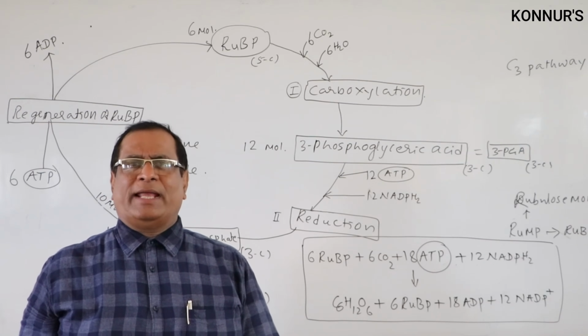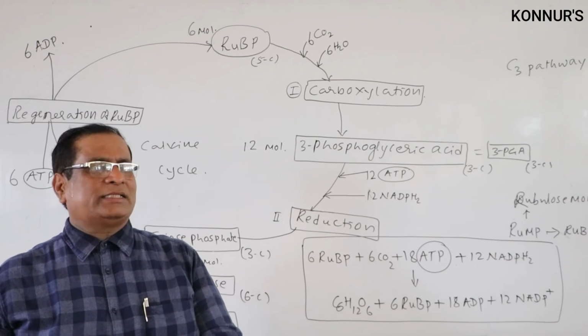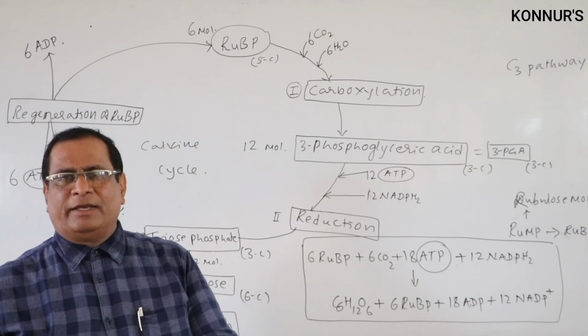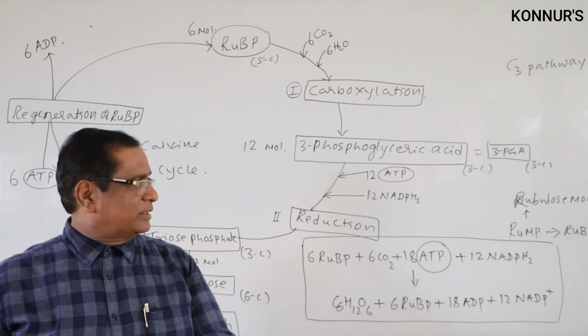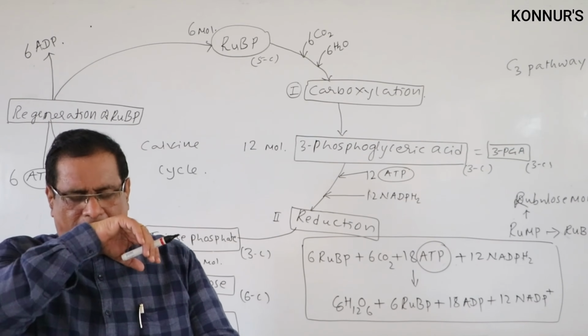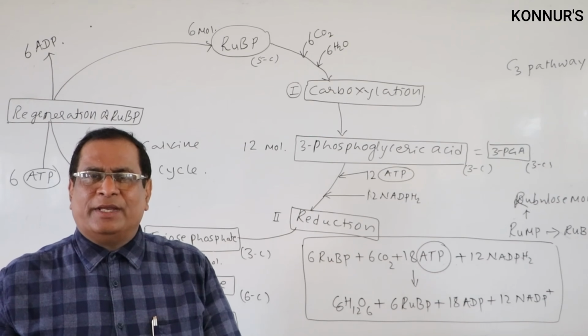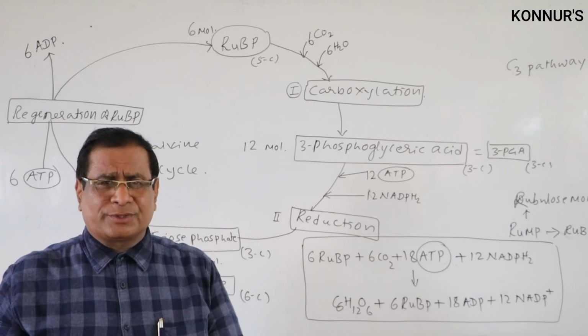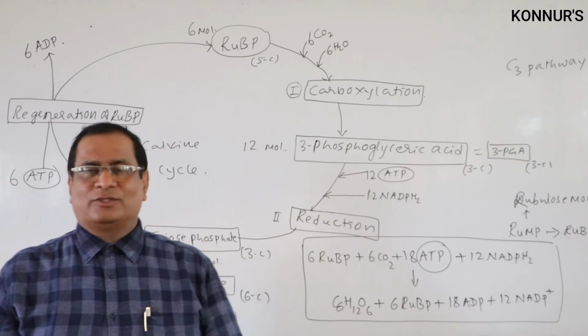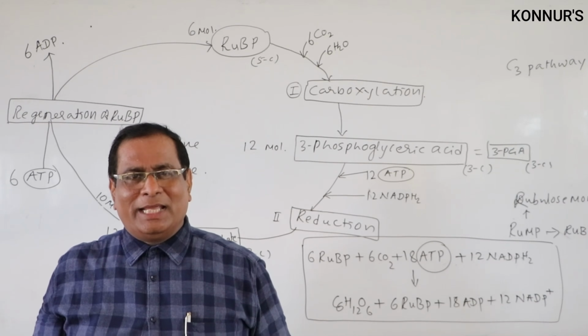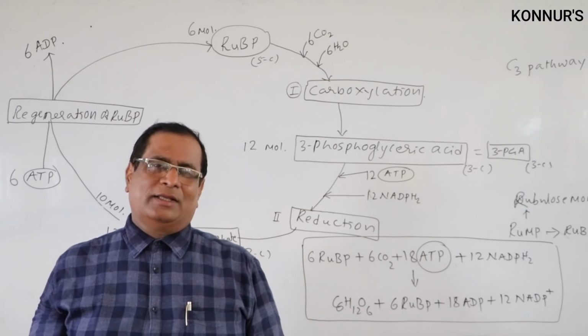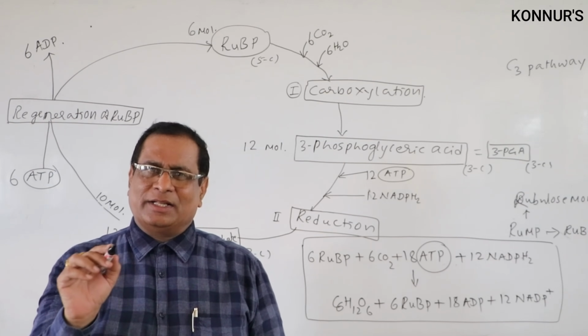Even in a simple manner, in the C3 pathway, number of ATPs used, 18 ATPs. Number of NADPH2 used, 12 NADPH2. And number of RuBP used and regenerated, 6 are used, 6 are regenerated.